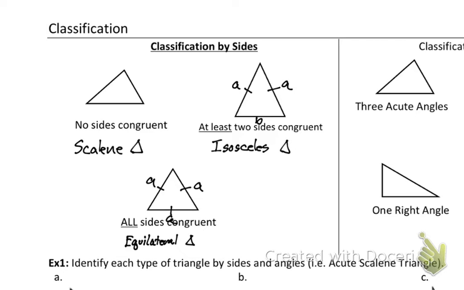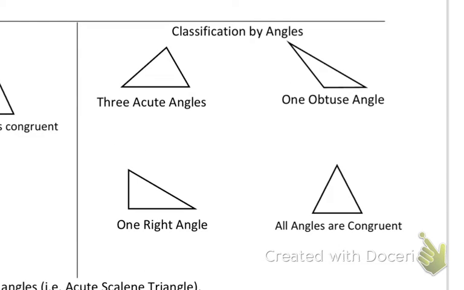Now, no matter what the side lengths are, they can start forming different angles. So the first kind of angle thing, this does not have to be a scalene triangle. This could be an isosceles. I know it looks like a scalene triangle where all three are different, but it doesn't matter. You're just looking at the angles. In a triangle, you can have three acute angles.